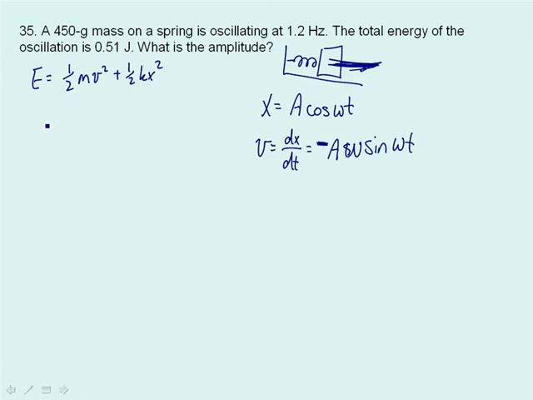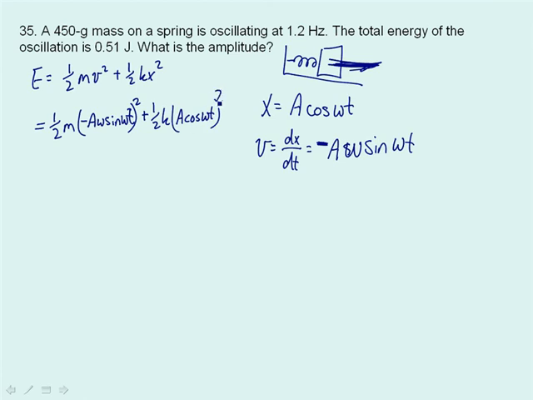I get E is equal to 1/2 times m times v, which is minus a omega sine of omega t, squared, plus 1/2 k times a cosine omega t, which is also squared. That's x.